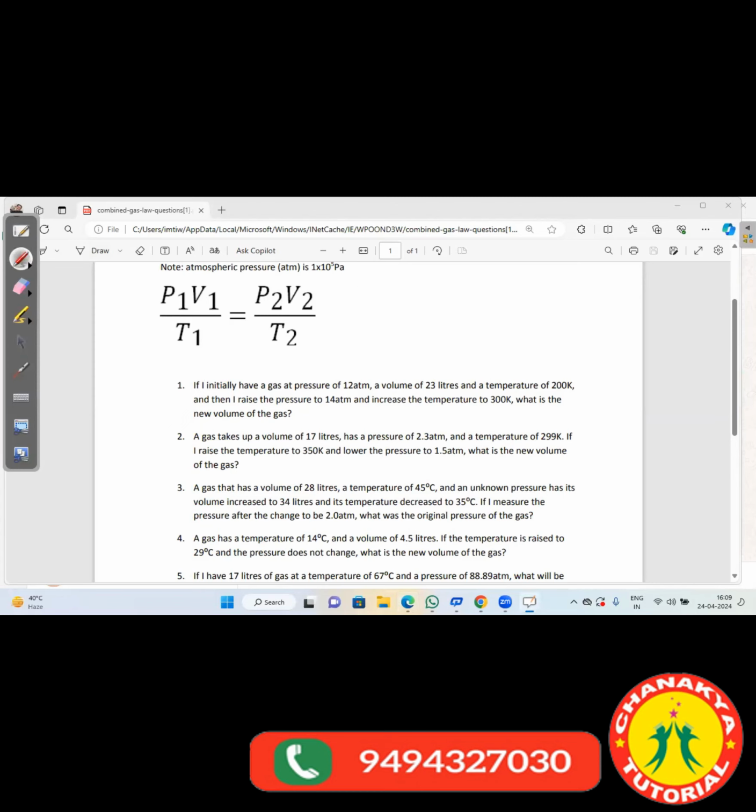Initial pressure is 12 multiplied by initial volume 23 over temperature T1, 200 Kelvin, equals P2, 14, multiplied by V2, which we want to find out, over temperature 300. Just simply perform the calculations. Here you have 36 multiplied by 23 over 14 is equal to V2.